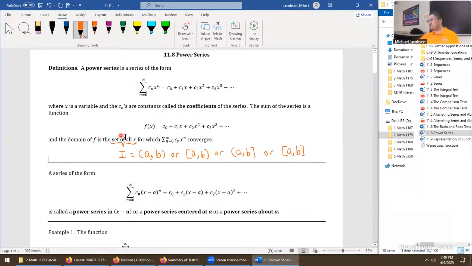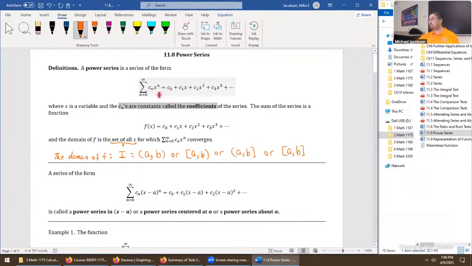So the set of all X represented this way, and all this is the domain of F. We refer to it as I, interval of convergence. And so we're now thinking of this as being an honest to goodness mathematical function, depends on X, and its domain is interval of convergence, which is influenced heavily by what were the coefficients in the very first place.